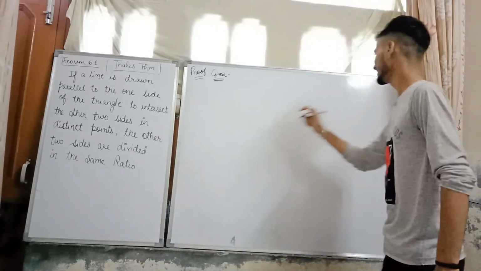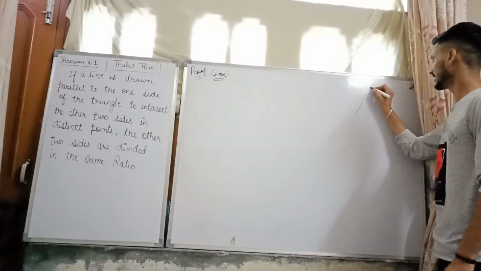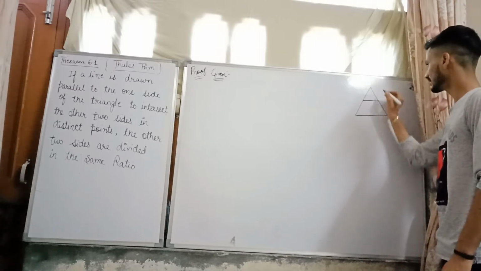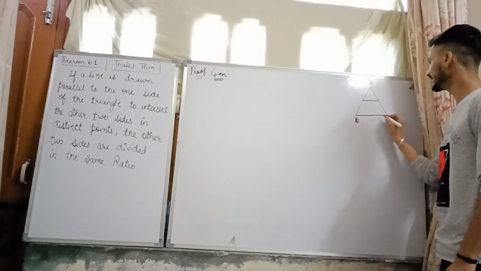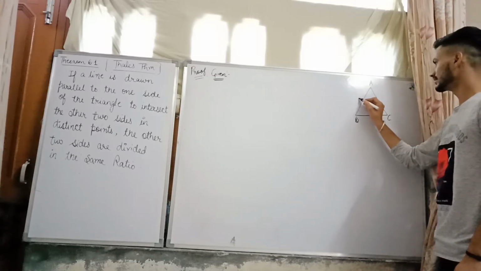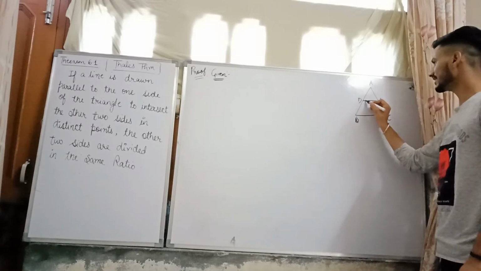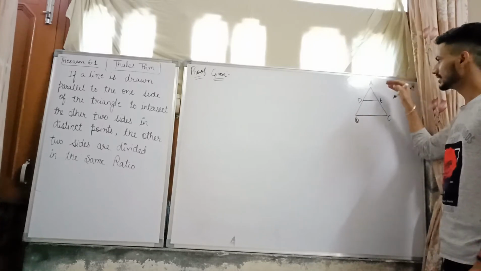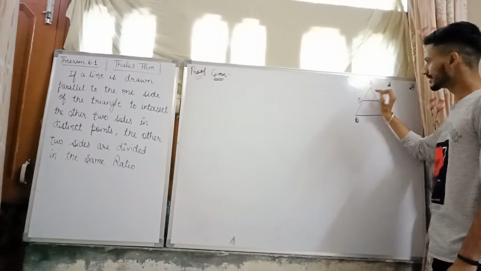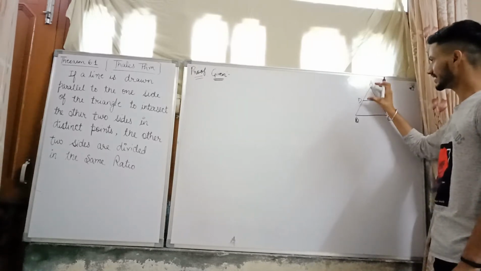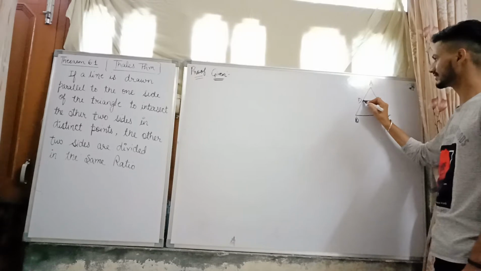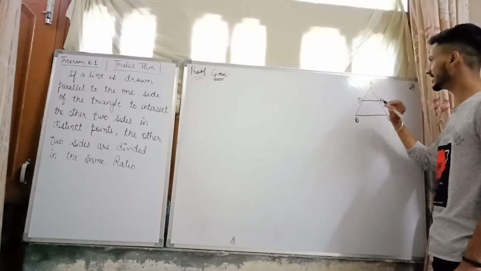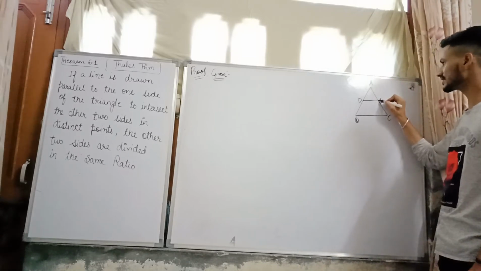So the statement says that in a triangle ABC, a line DE is drawn parallel to one side of the triangle, then it intersects the other two sides in distinct points, which are D and E. Inside AB, it intersects at point D, and inside AC, it intersects at E.